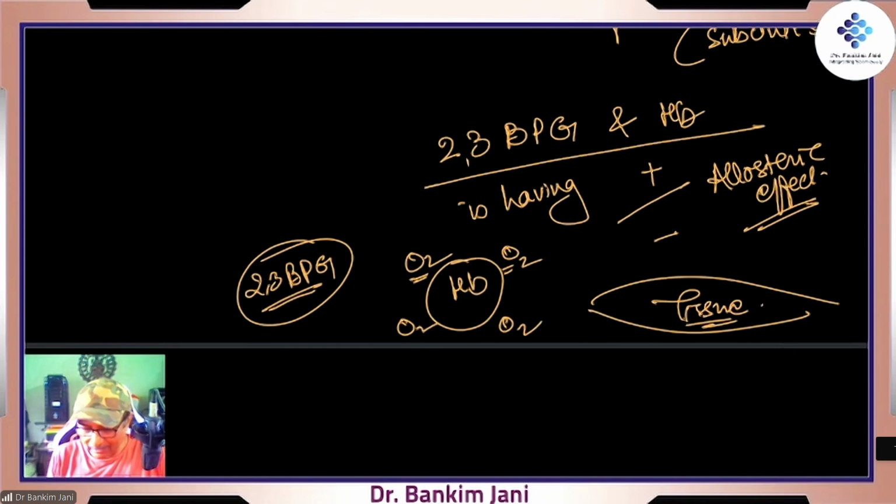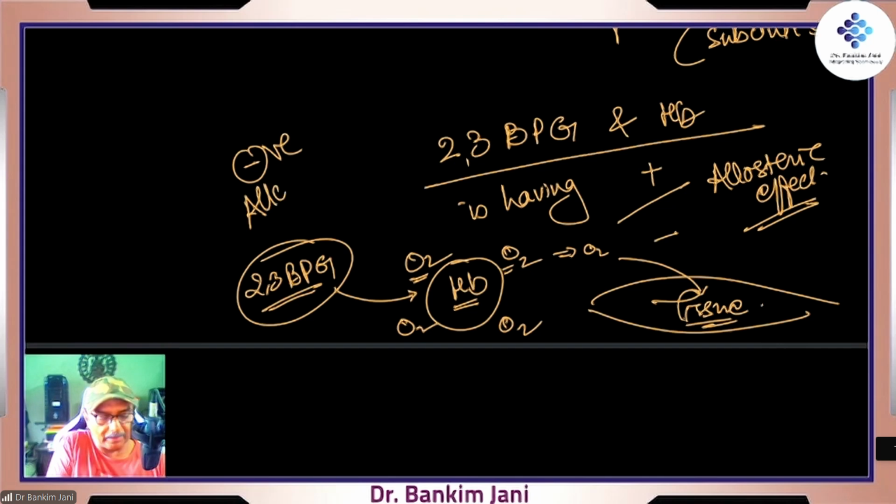It will say, go, leave the oxygen, and the oxygen is released. This is what will be utilized by the tissue. So this means it is decreasing the affinity for oxygen. It is telling hemoglobin, this oxygen is all illusion, don't love it so much. Then hemoglobin says, okay, Swamiji, no problem. So that's why this is a negative allosteric effect. Got it? Negative allosteric.